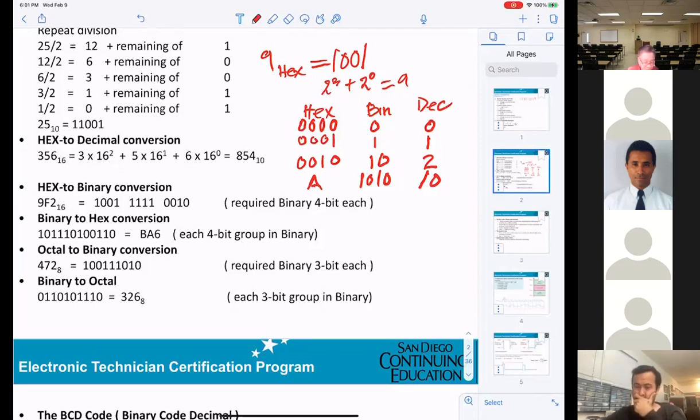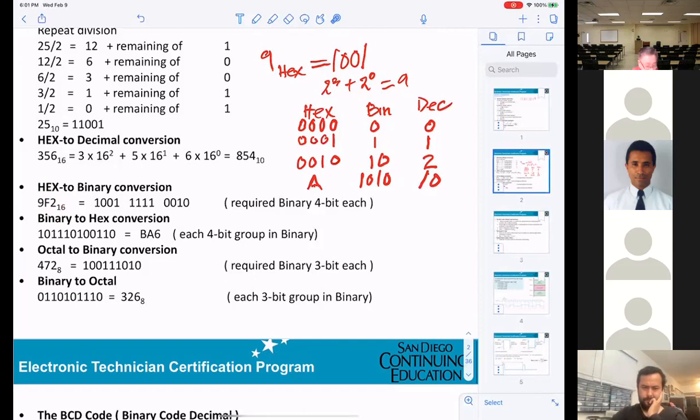Okay, now if you're looking here, I get 9F2 base 16, that means hex. They want to convert into the binary. Very simple.